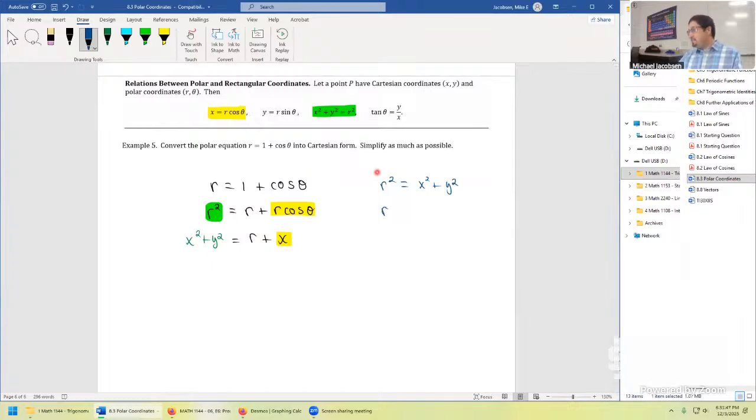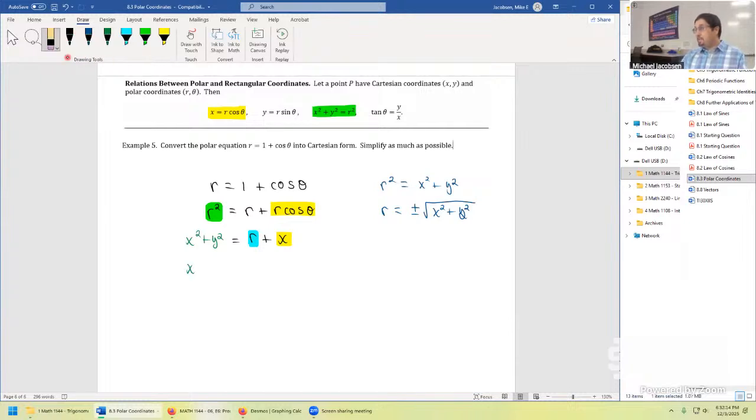Here's why we hate this step. This becomes r equals positive or negative square root of x squared plus y squared. But now the trouble is r can absolutely be negative. We've seen plenty of examples in these notes when that happens. So I can't just by default throw away one. I might be losing information. So putting this all together, our equation now looks like this.